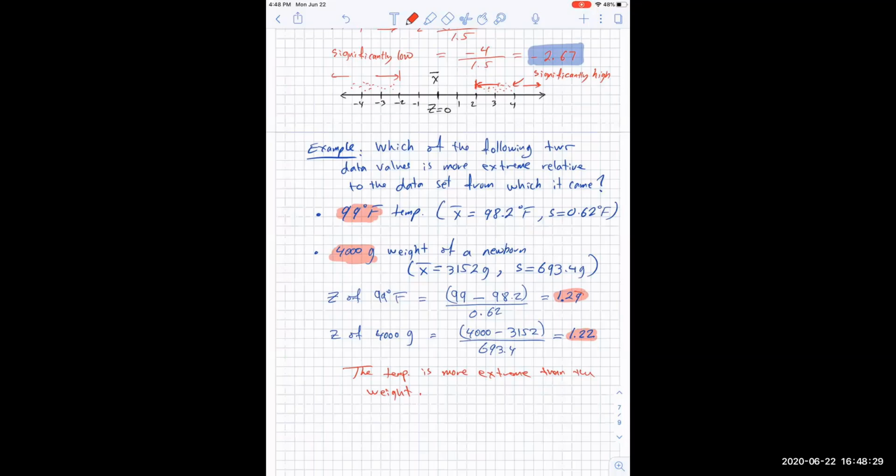Since the temperature has a higher z-score, it is more extreme within its set. It's more extreme than the weight within the sample of weights. All right, so it's more extreme than the weight of 4,000 grams.